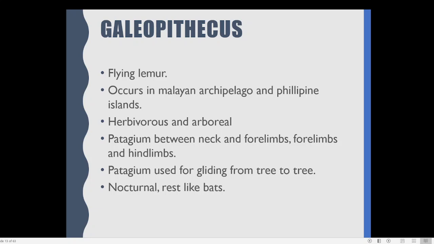Now in the case of Dermaptera, I will show you some features. Here you can see that many animals come under the order Dermaptera, a lot of animals here.